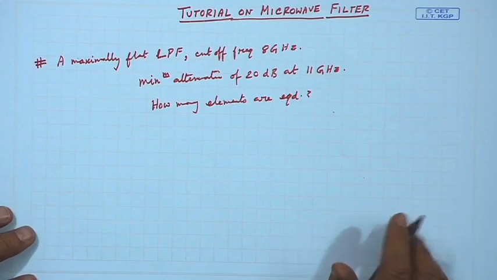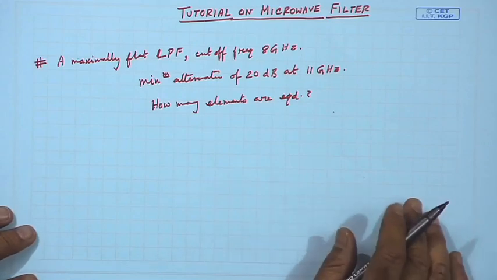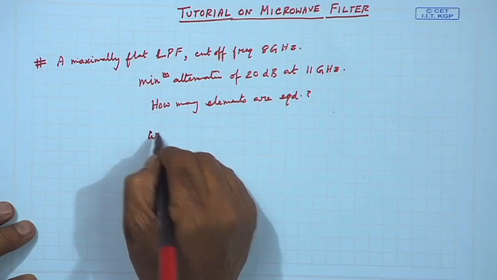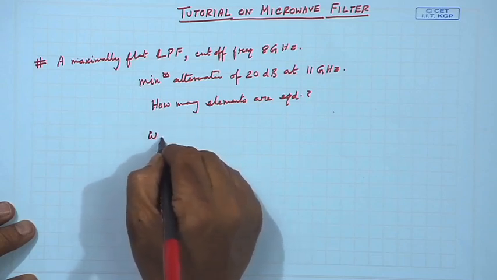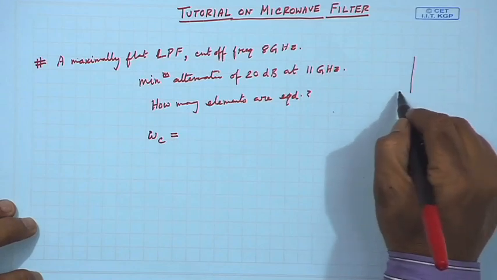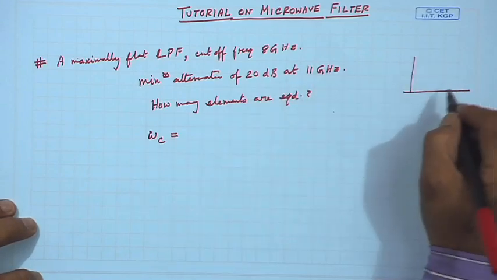So, what is said is that I require the minimum attenuation to be 20 dB, and at what frequency? 11 gigahertz. The cutoff frequency is given as 8 gigahertz. It is a maximally flat low pass filter.